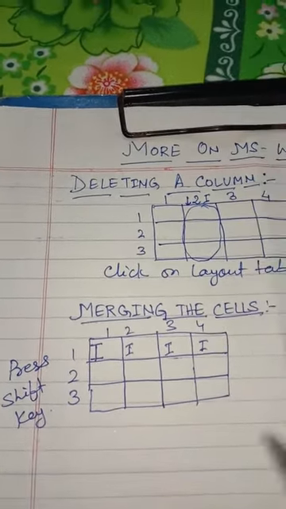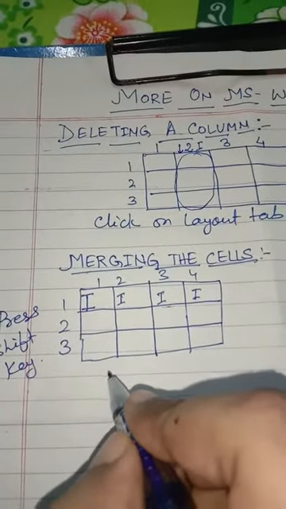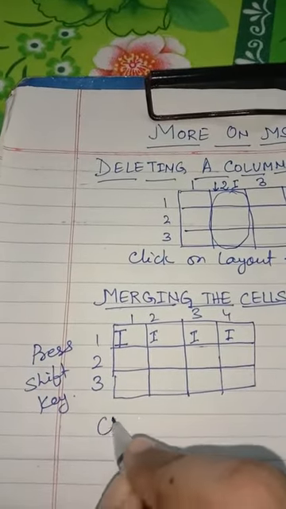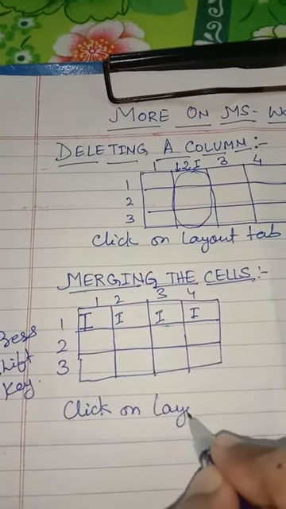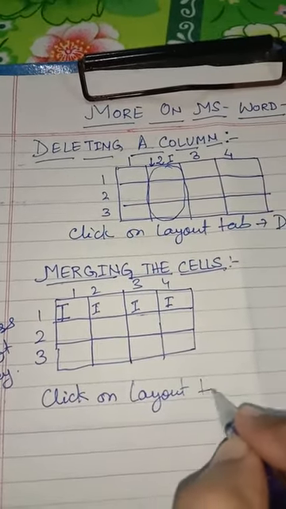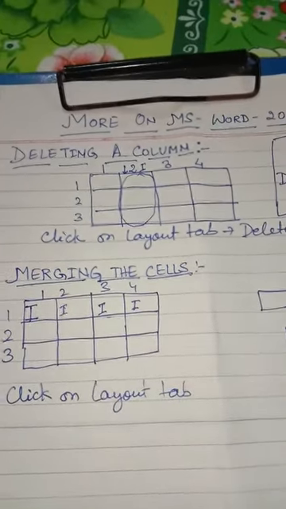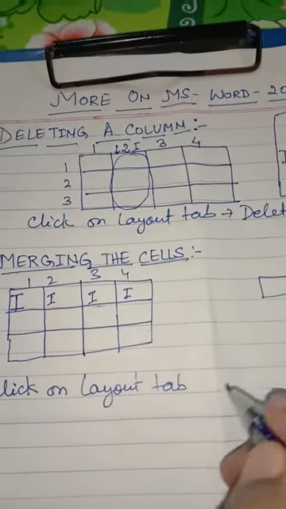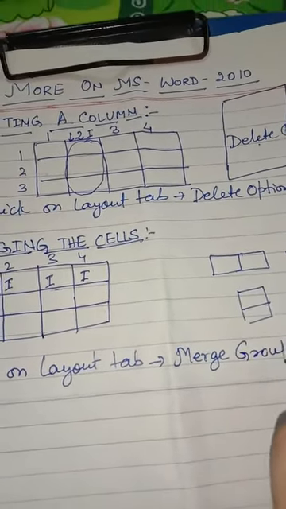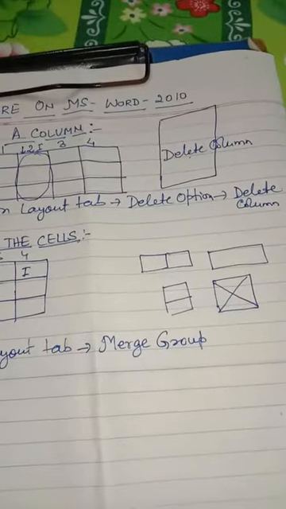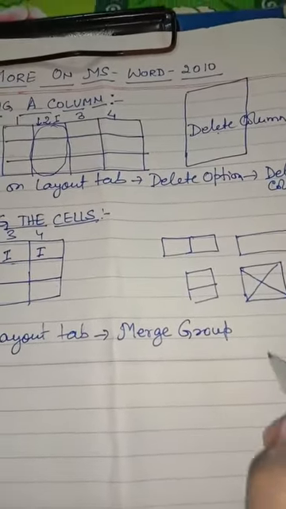Now what are the steps that have to be performed? Click on the layout tab, and after clicking on the layout tab we have to move to the merge group, and after moving to the merge group we have to click on merge cells.